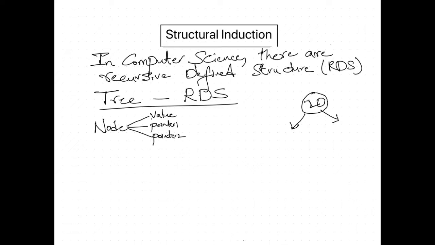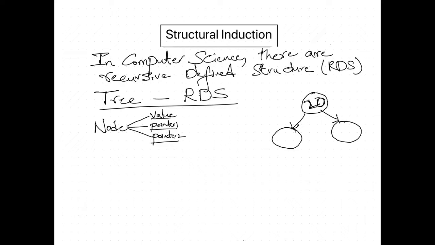Now this value is 20. Okay, good. Now what are pointer 1 and pointer 2? Pointer 1 will again point to another node which is of the same structure, right? Again the second pointer is also pointing to another node which has got the same structure, right?